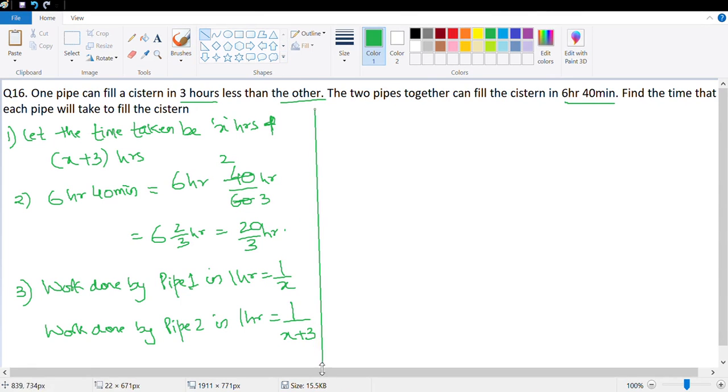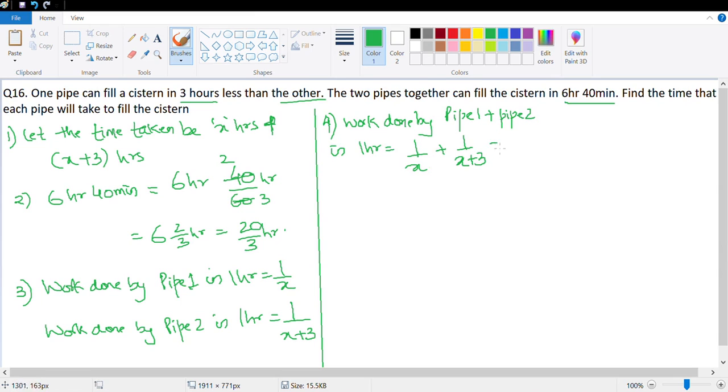Now we'll calculate the work done together, which means work done by pipe 1 plus pipe 2 in 1 hour is equal to 1 upon x plus 1 upon x plus 3, and this is given equal to the total time is 20 upon 3, which means 1 upon 20 upon 3. This will give us a quadratic equation. 1 upon x plus 1 upon x plus 3 is equal to 3 upon 20.